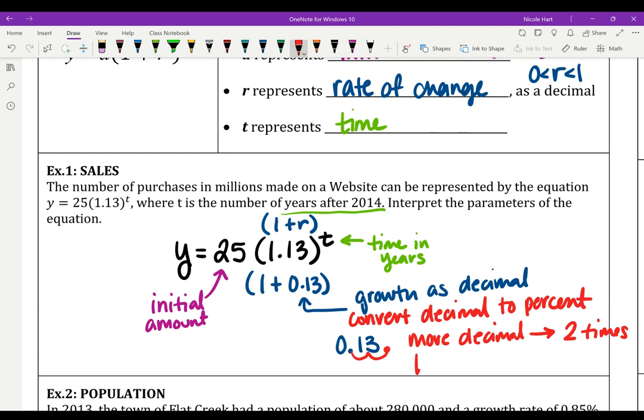So this gives us a percentage of 13%. So that is what this equation is representing.